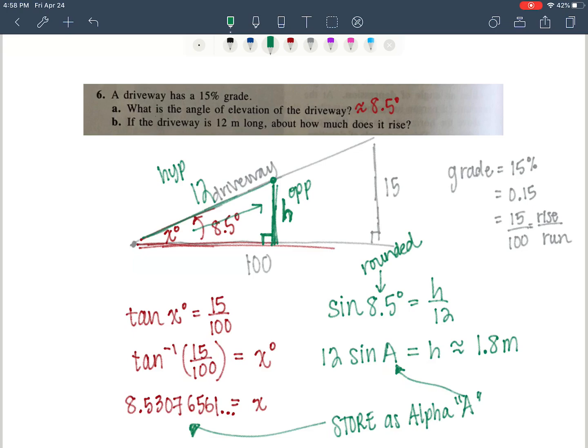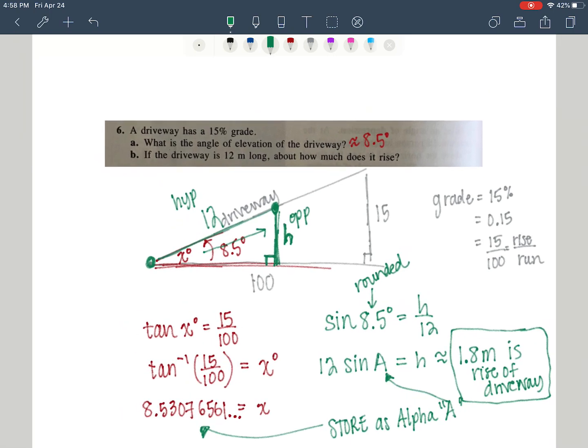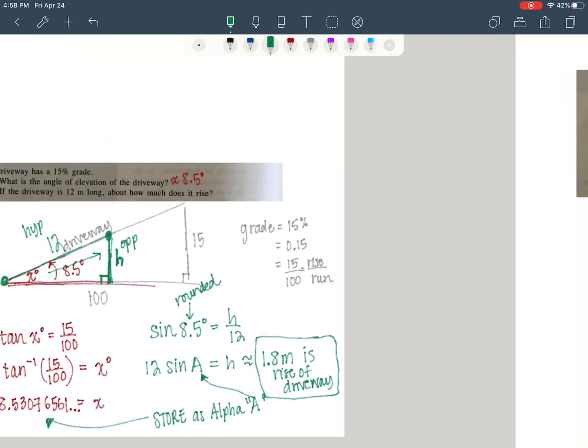So the height or the rise is the rise of the driveway. So your change in elevation from the beginning of the driveway to the end of the driveway will be 1.8 meters. It's pretty cool how that grade keeps coming back to us in problems.